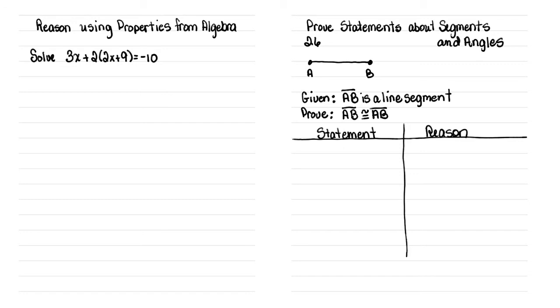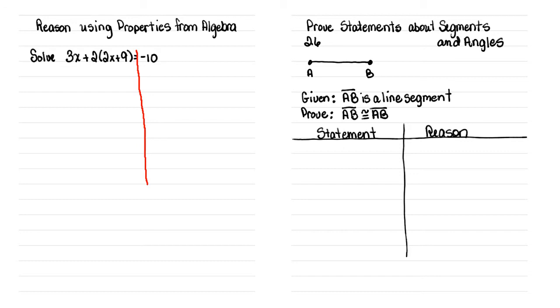Our beginning proofs were using the properties from algebra. Solve 3x plus 2 times 2x plus 9 equals negative 10. All right, we always start with the properties of equality. And what's a little bit different here is that we're going to give reasons for each step.